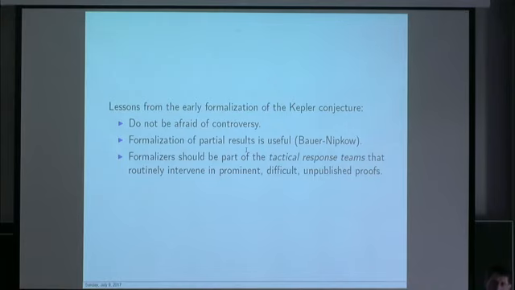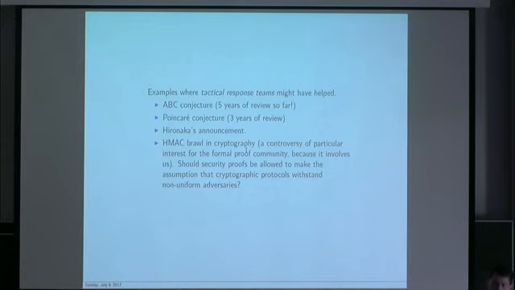So we all have our favorite examples that we can cite of prominent proofs that take a long time for verification. The ABC conjecture now is, I believe, in the 5th year of review at this point. The Poincaré conjecture took 3 years to review.